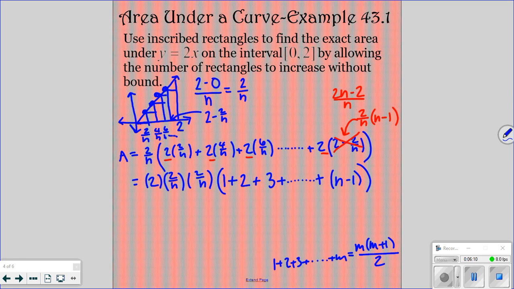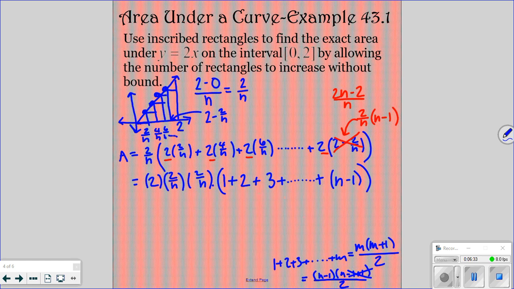Okay? But we don't have all the way to m. We have to n minus 1. So instead of m, we're going to plug in n minus 1. And so that's n minus 1, and this is just going to be n.